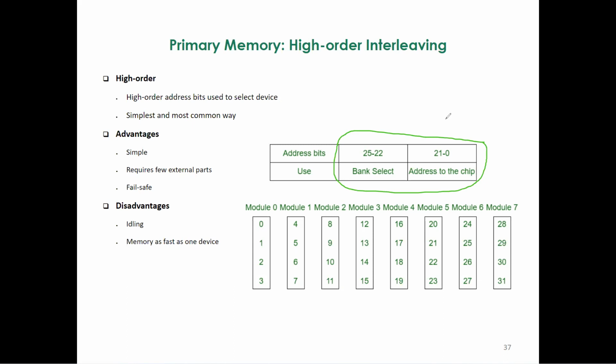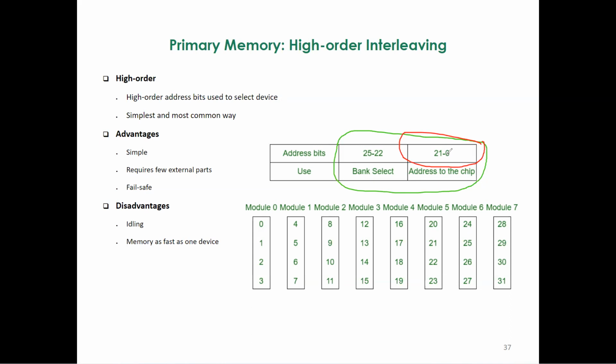The larger address, part of it gives you bank select, and then the smaller addresses, which is 21 to 0, these are the ones, therefore, which are used to address the smaller modules.